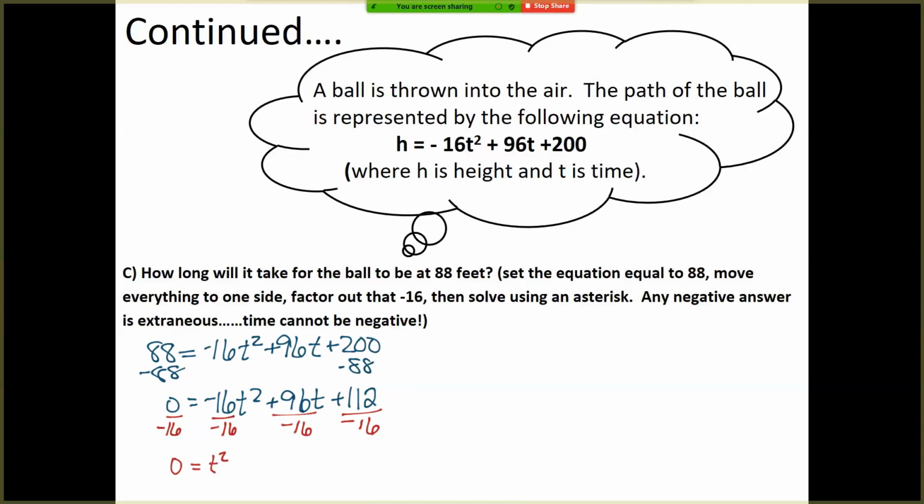t squared minus 6t minus 7. So now I have another quadratic. This is much easier to plug into my asterisk to factor.